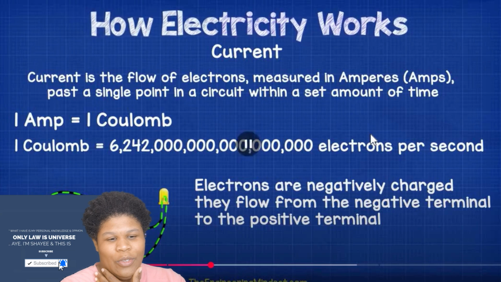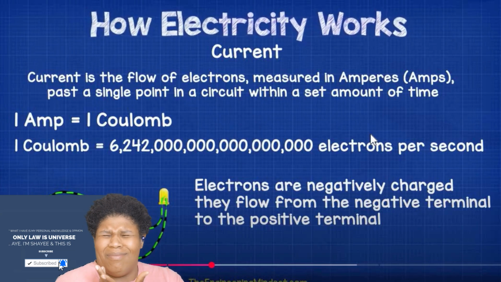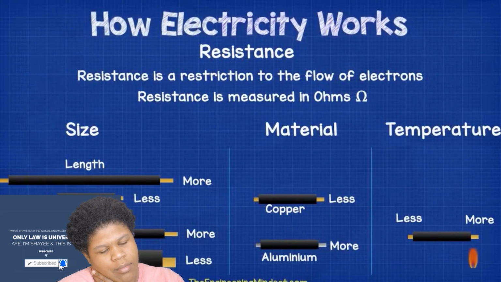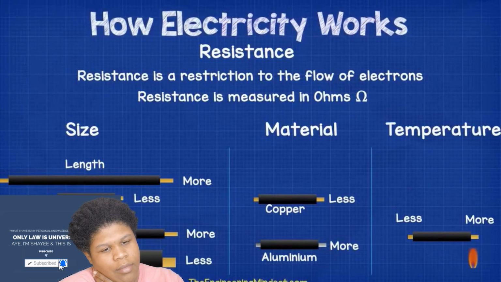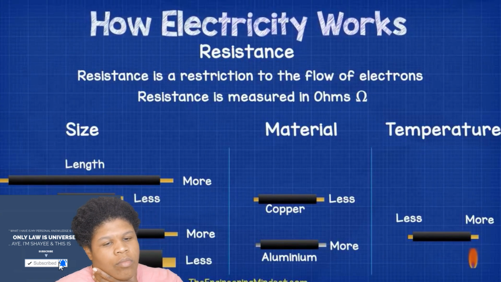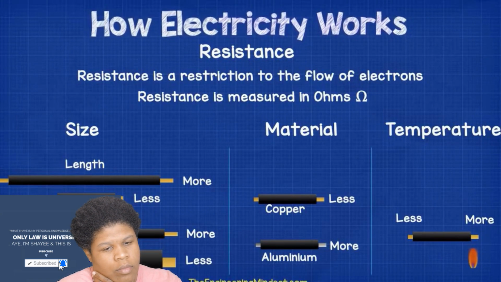That's why electrons are grouped together and just called amps to make it easier for engineers. Resistance is a restriction to the flow of electrons in a circuit. The wire which carries the electrons will naturally have some resistance. The longer the wire, the greater the resistance. The thicker the wire, the lower the resistance.